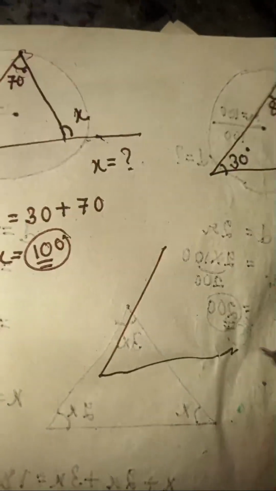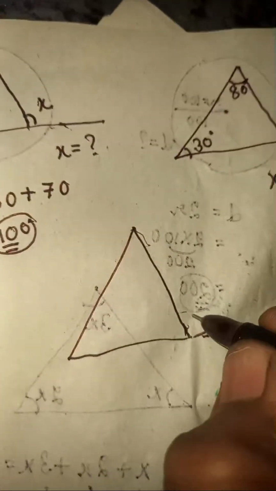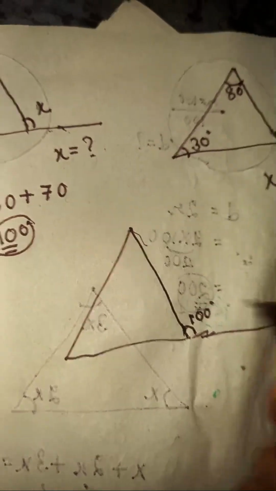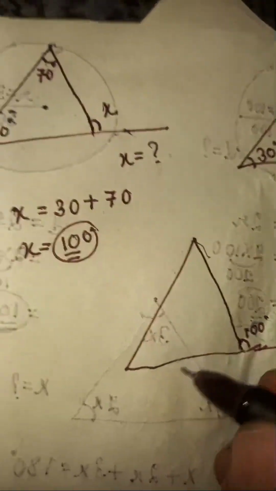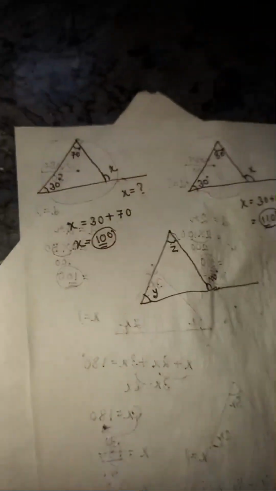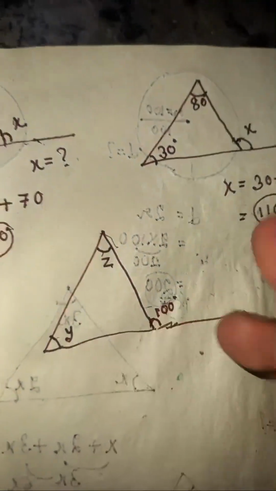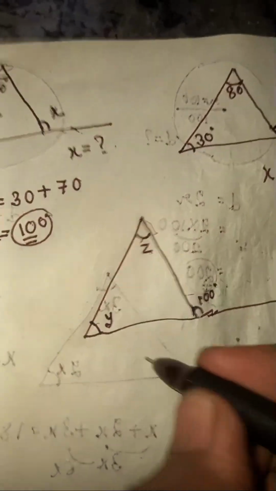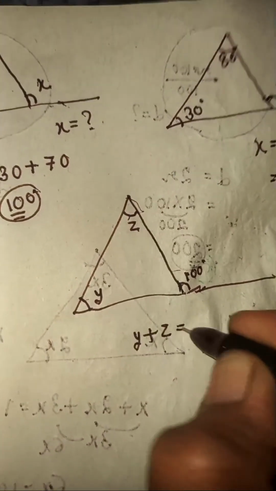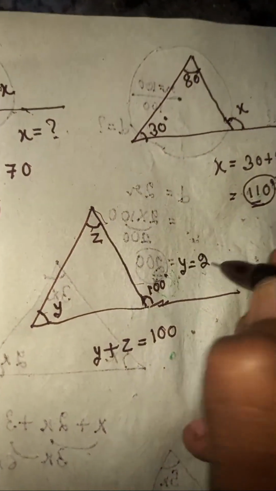In this problem also they give this angle to be 100 degrees, and they give this angle as y and this angle as z. You can write this. They even give the value, that is here y plus z equals 100 degrees, and they even give y equals 2z.